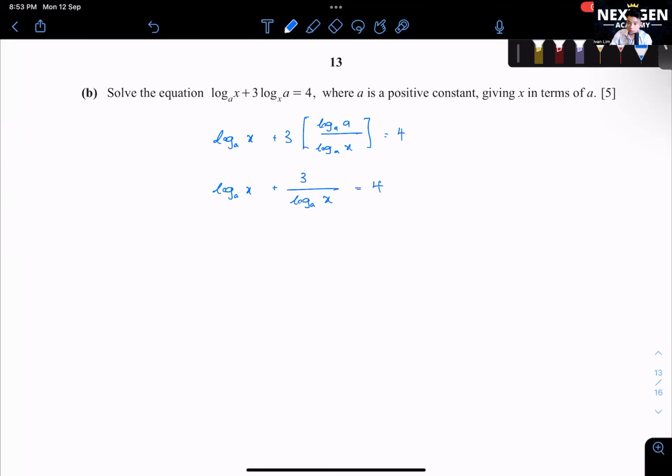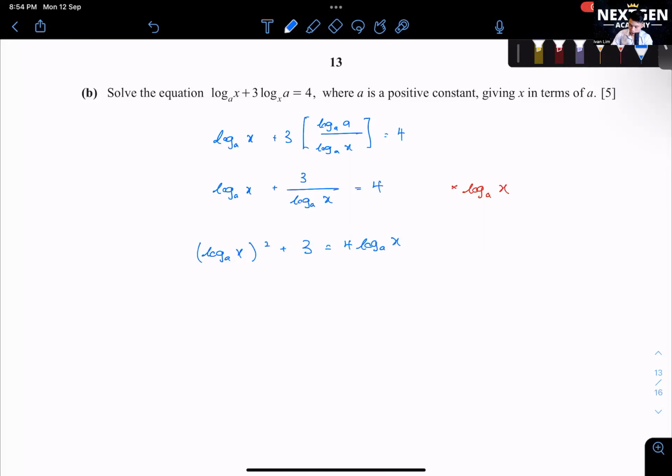When you see this kind of form, you can either use the let method, or you just multiply the whole thing by log_a x, which will be (log_a x) squared plus 3 equals 4 log_a x.